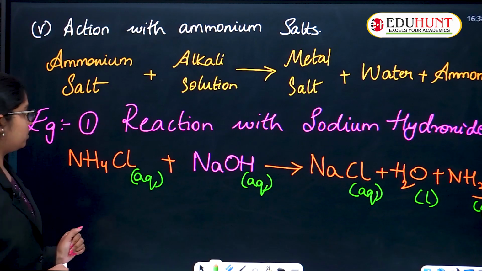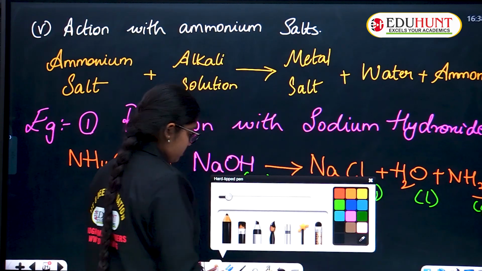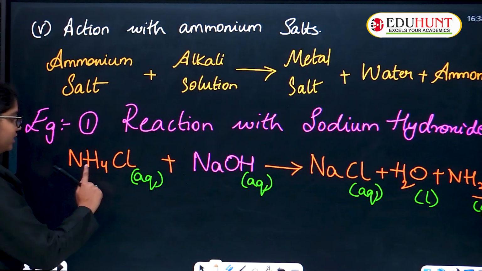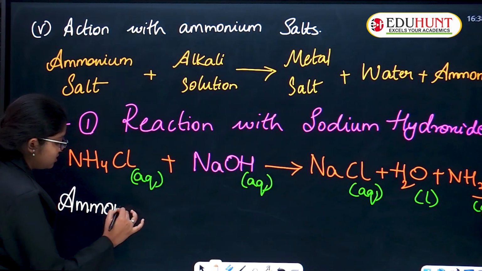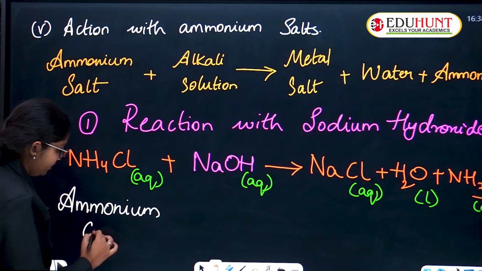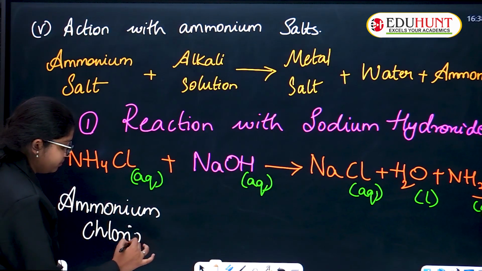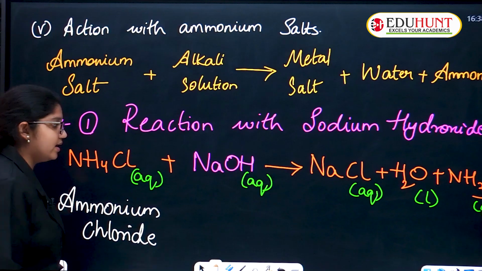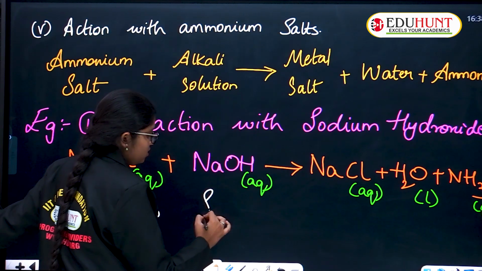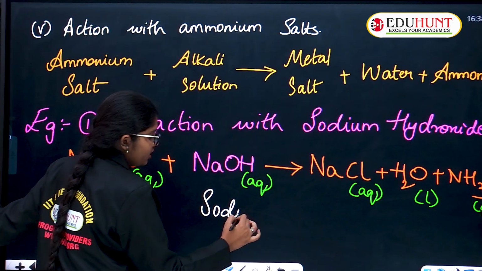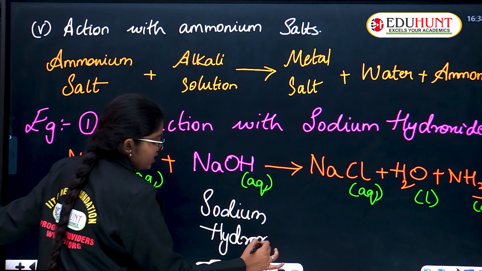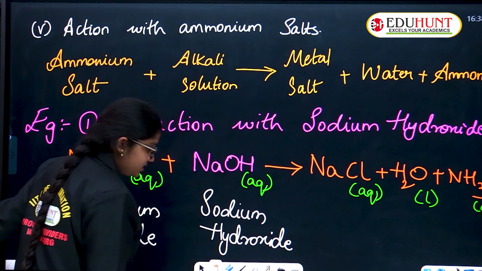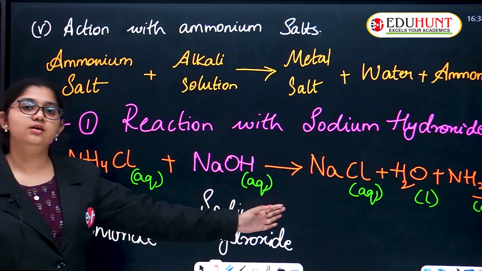Okay. I'll write the particular chemical names. NH4Cl is named as, very good, ammonium chloride. And what is NaOH? The heading itself, reaction with sodium hydroxide. And to this, what are we getting? We are getting a metal salt.